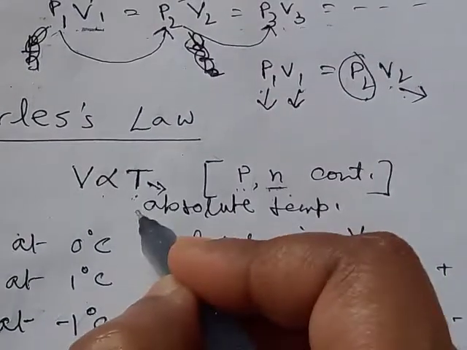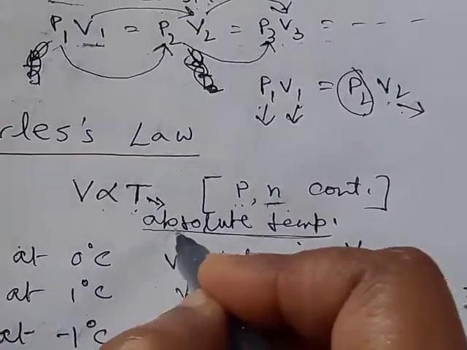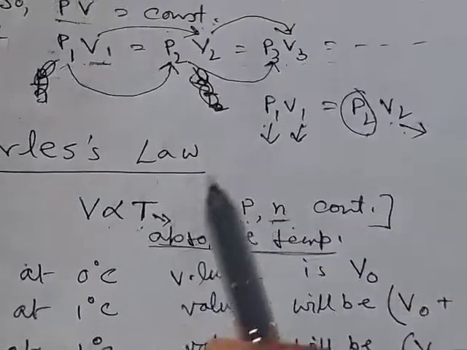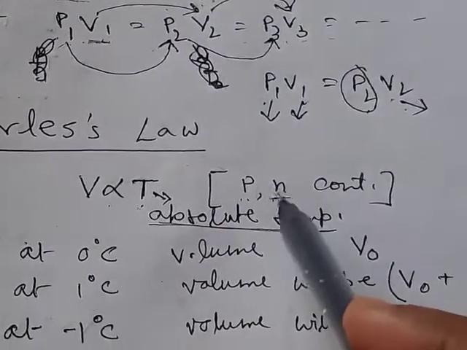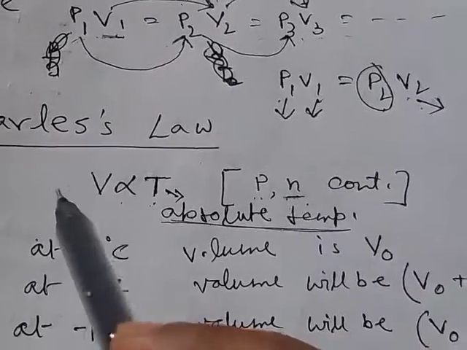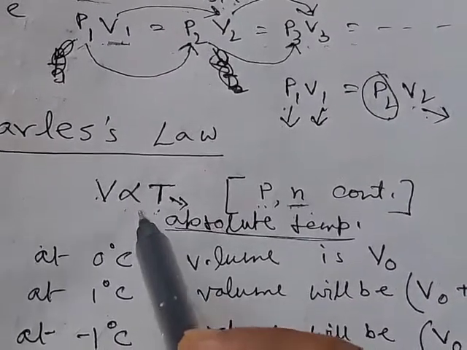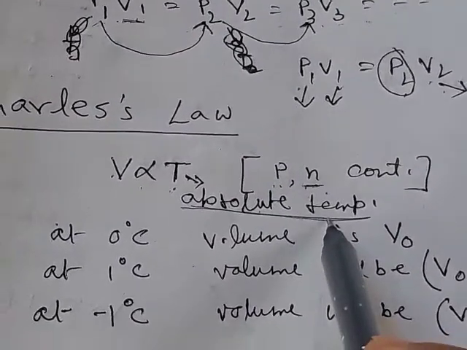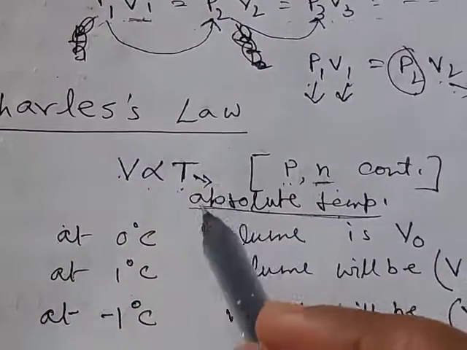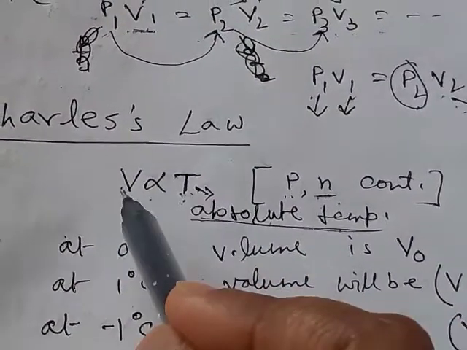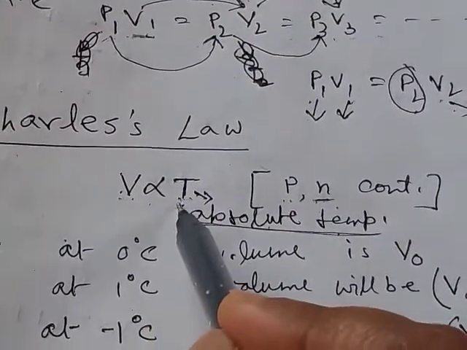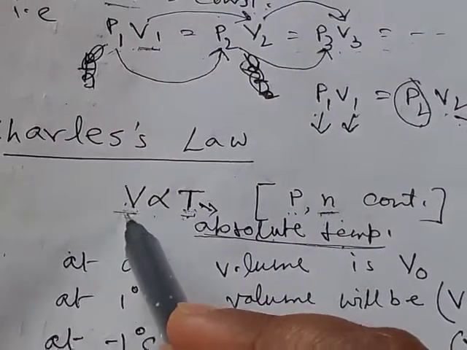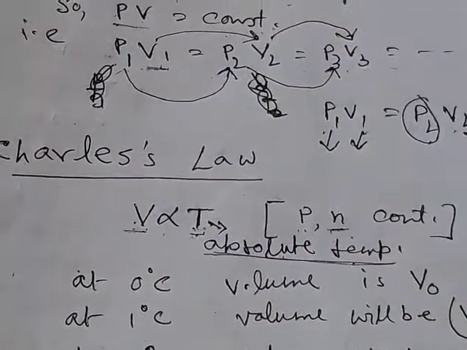This temperature is not in the degree Celsius scale, it is absolute temperature. This is Charles' law. That is, if we increase temperature, volume will increase. If we decrease absolute temperature, volume will decrease.